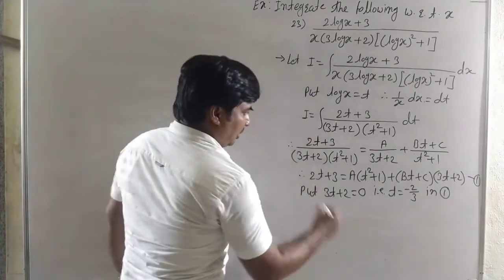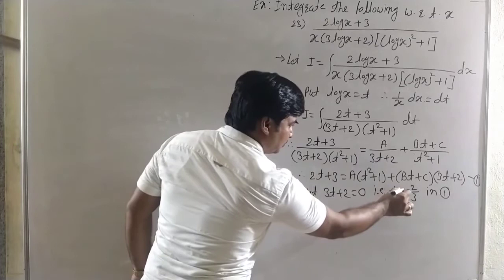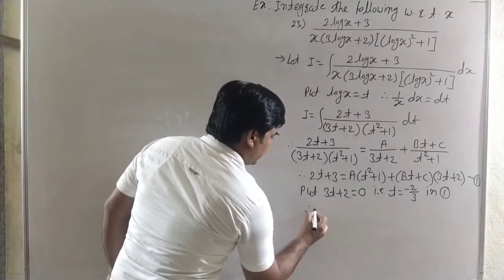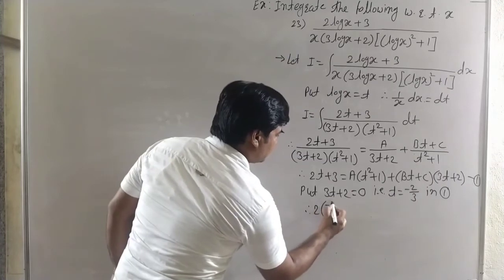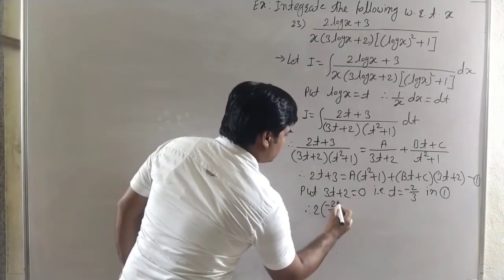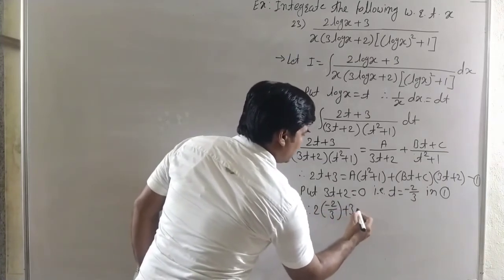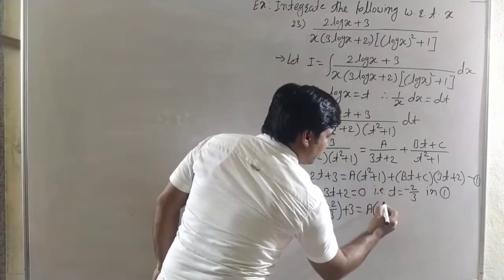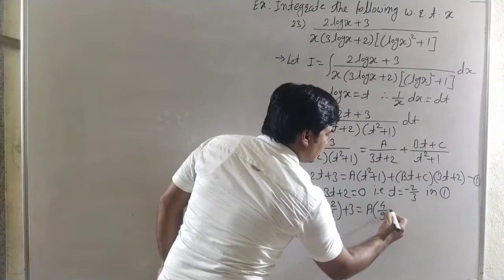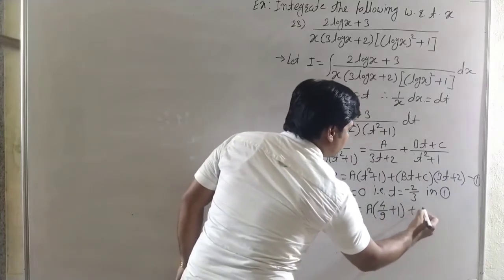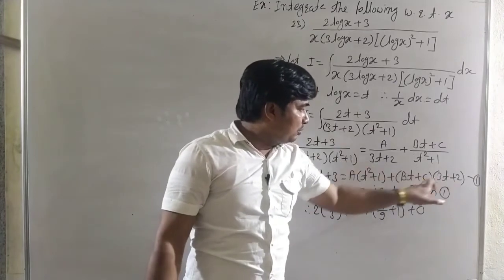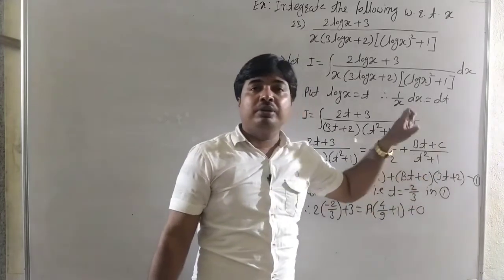In equation number 1, replacing t by minus 2 by 3, we get 2 into minus 2 by 3 plus 3 is equal to a into (4 by 9 plus 1) plus 0. Since 3t plus 2 equals 0, the second term will be 0.